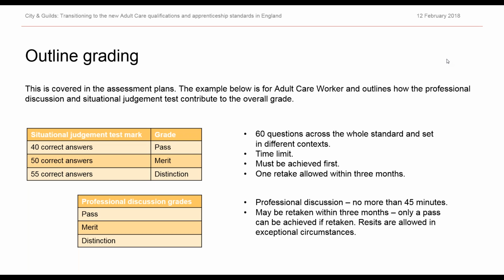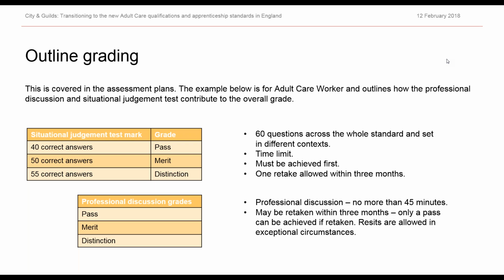What you will notice in the revised assessment plan is that the professional discussion now has it indicated that it may be retaken, which was actually missing from the original assessment plan. So it can be retaken within 3 months, and or a resit is allowed in exceptional circumstances.